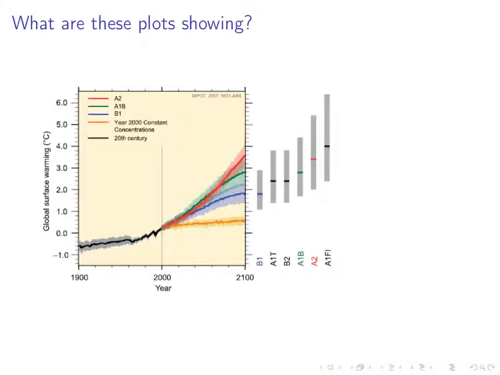What we're looking at here is part of the IPCC report, the Intergovernmental Panel on Climate Change, and we're looking at various scenarios that they have proposed as to how global warming may develop over time. The key thing to note is not only do we get a forecast of what might happen, but we're getting an estimate of the uncertainty.